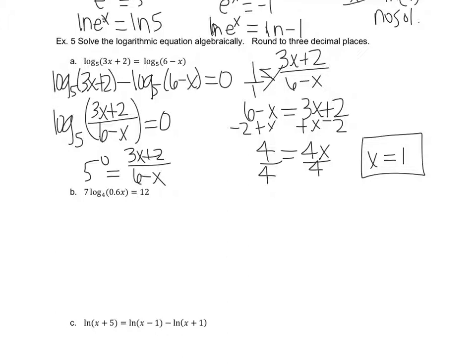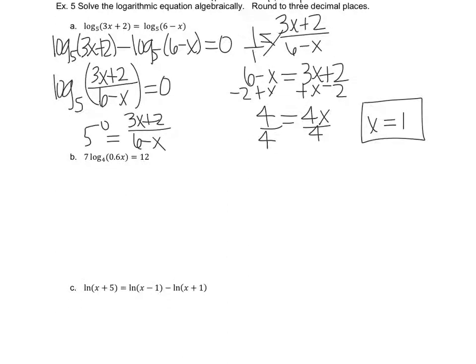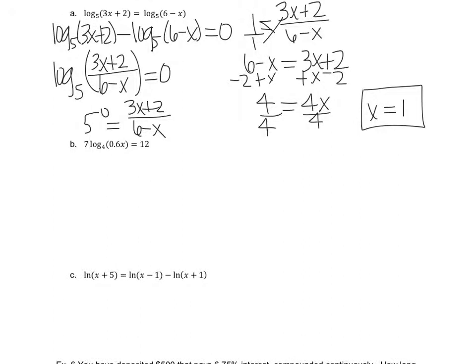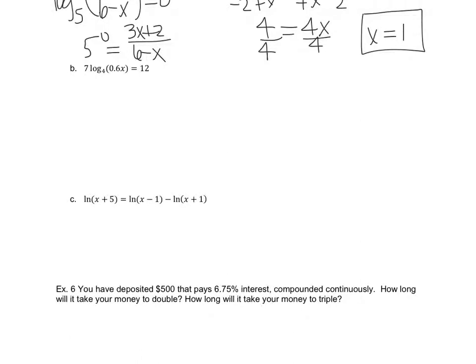We're going to do that on part B as well. Now notice we have a single log, so we've already got it down to where we have a single log. It's just a matter of isolating the log. So I'm going to start by dividing by 7.